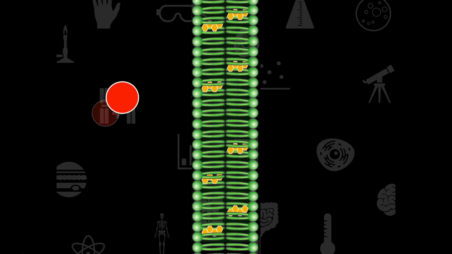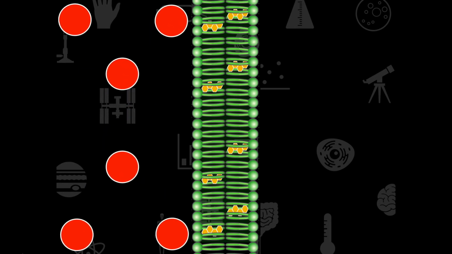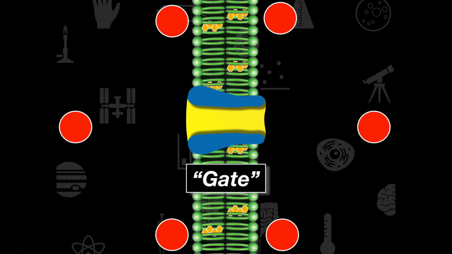This is what I'm referring to when I talk about the cell membrane in equilibrium. Let's say I have all of these molecules on the left-hand side. They can't pass through the membrane right now. So on the left-hand side of this selectively permeable barrier, they're going to stay as spread out as they possibly can. Now, all of a sudden, I put in a gate that's going to allow them to pass through.